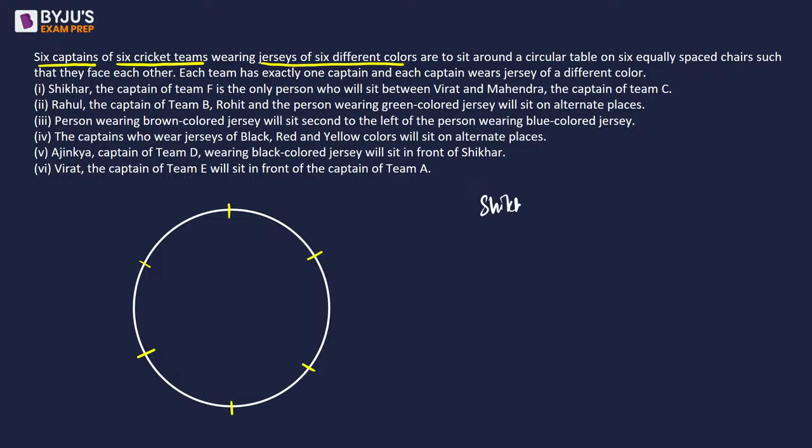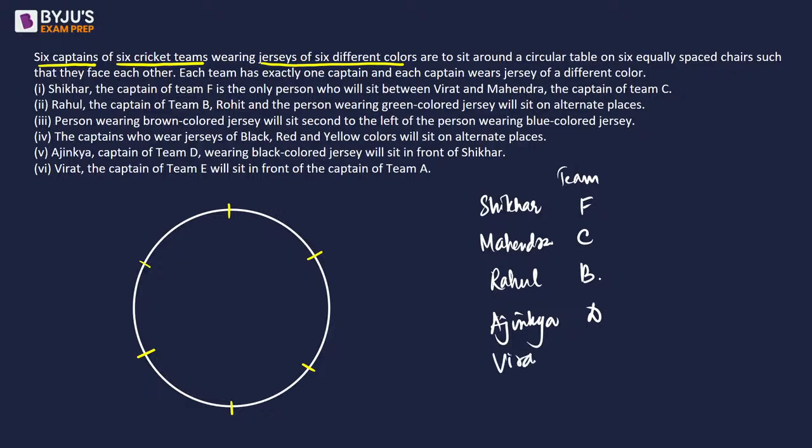So we have got Shikhar, he is the captain of team F. And then we have got Mahendra, he is the captain of team C. We have got Rahul, who is the captain of team B. Ajinkya, he is the captain of team D. We have got Virat, captain of team E. So there is only one letter left, A, and the person whose name has not been included is Rohit. So Rohit turns out to be captain of team A.